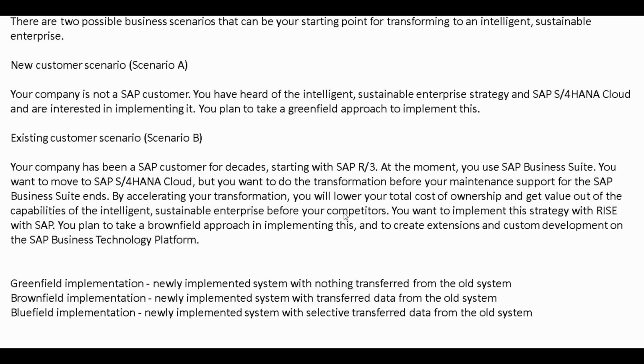Whatever the strategy is, whatever the scenario is, remember that this business technology platform has a role there. So we as administrators need to perform different activities when we are working with that implementation, using BTP and utilizing the different services provided by SAP there.